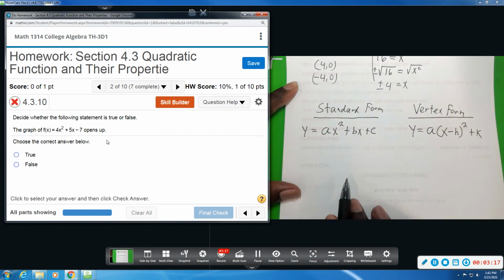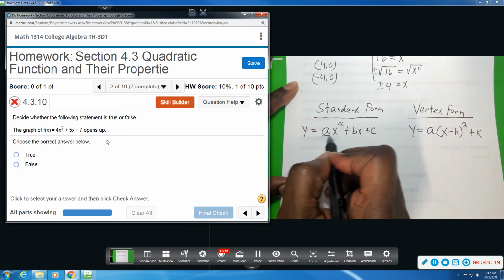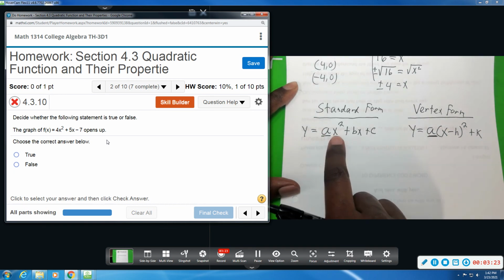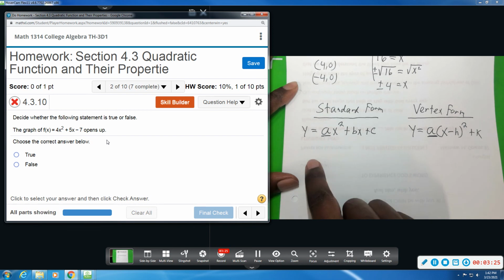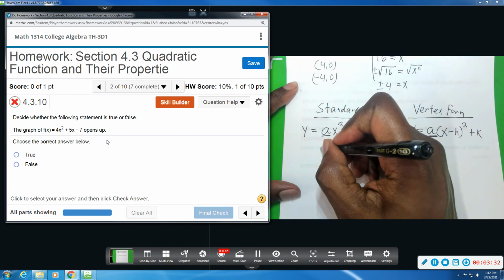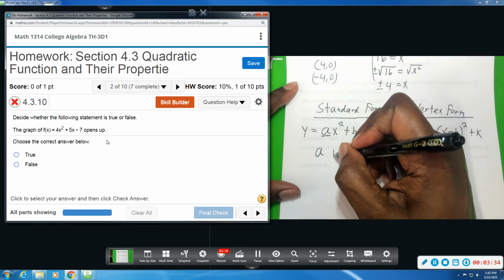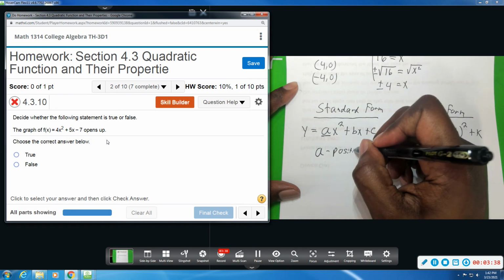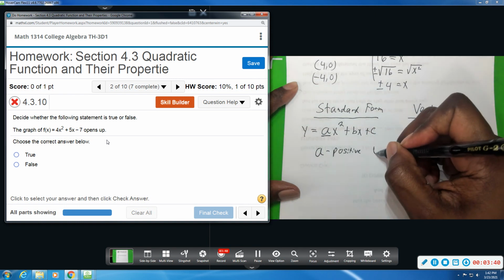In both situations, to determine if this opens up, we're focused on this a value. That is the number in front of x squared in standard form, or it would be the coefficient out front of the parentheses in vertex form. If a is positive, your parabola opens up, makes this U shape.